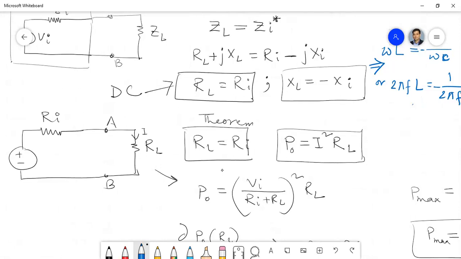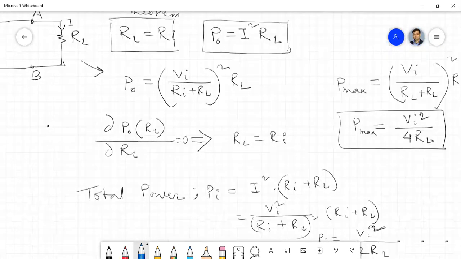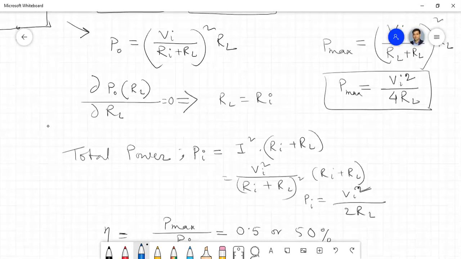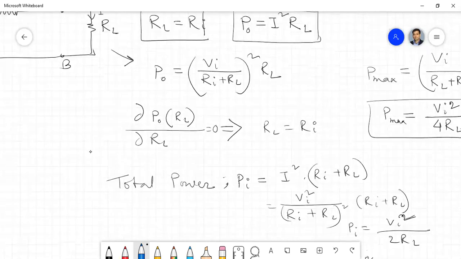Also, for this part we derived the condition in the last class by taking the derivative of the output power, where the output power is VI square by RI plus RL.